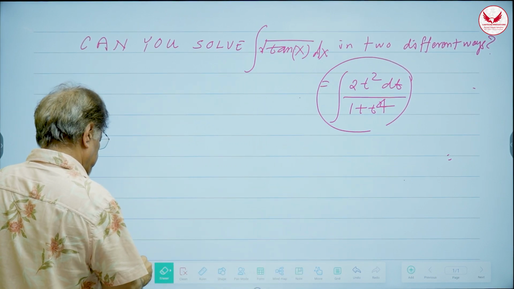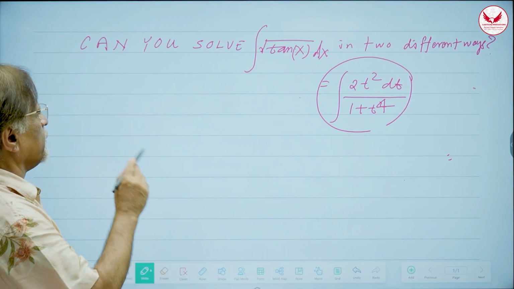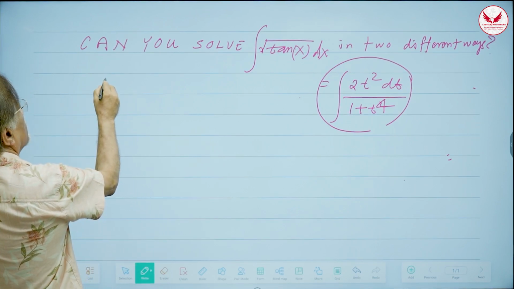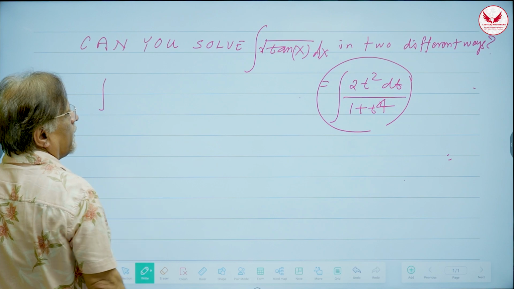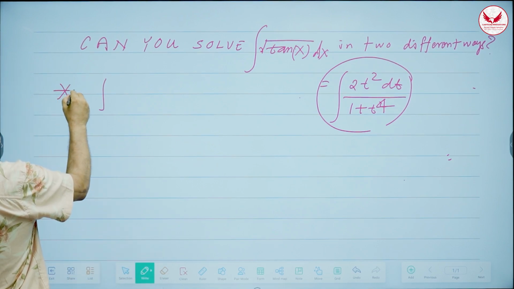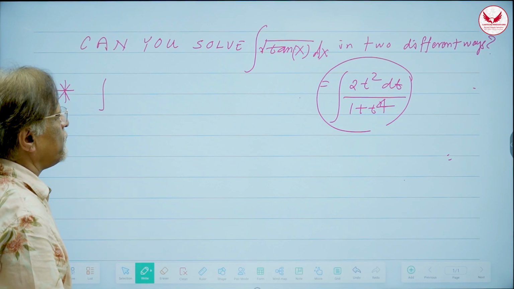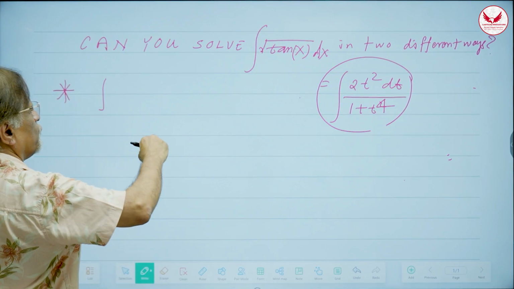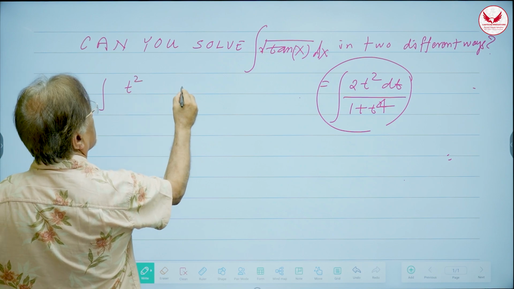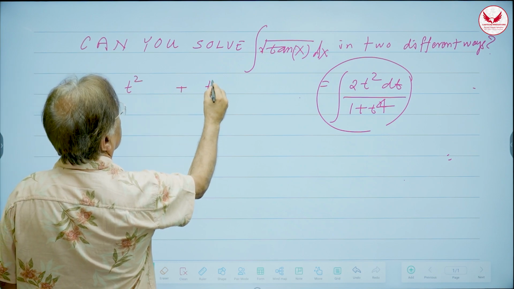Now let us get on with this problem. Now, 2t square upon 1 plus t raised to 4. This is a very, very important and crucial step, and a very ingenious method of doing it. 2t square can actually be written as t square plus t square.